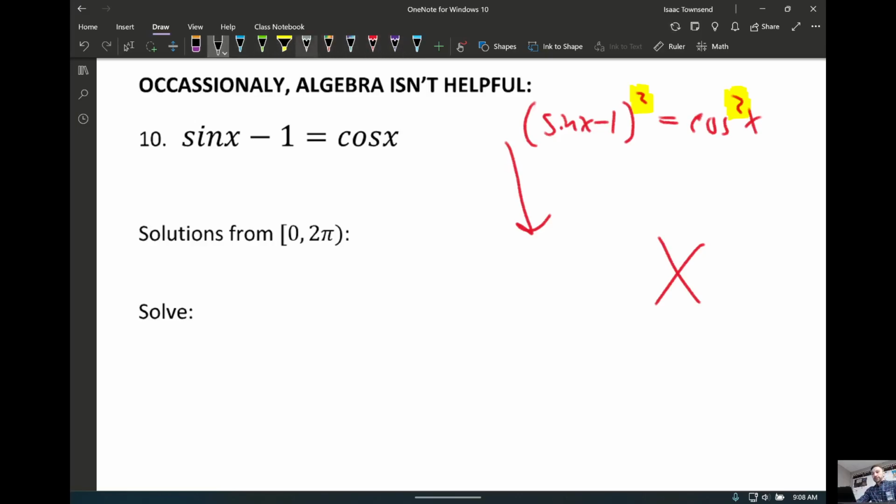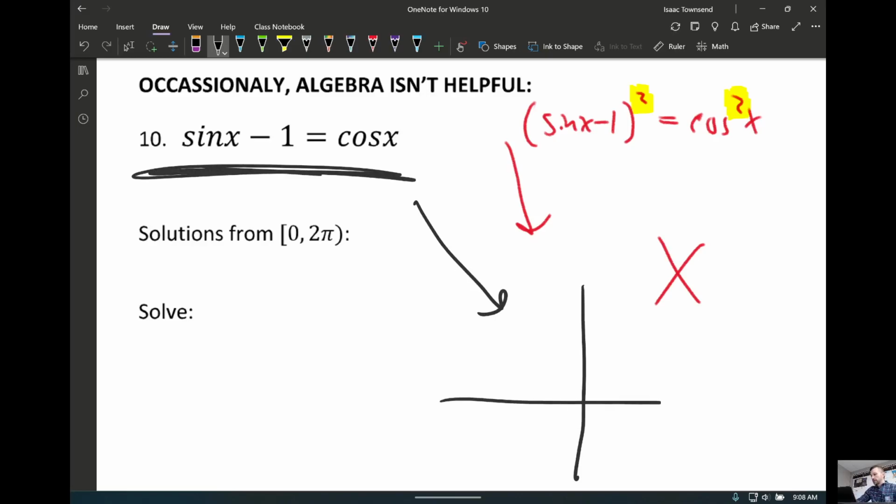How I would suggest you do this is just a guess and check type of thing. There's only 4 spots on the unit circle that are exactly 1 value apart. That would be at 0. The point is 1, 0. Those are 1 apart.